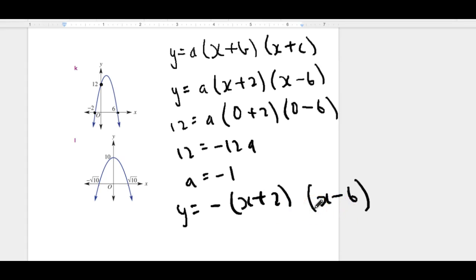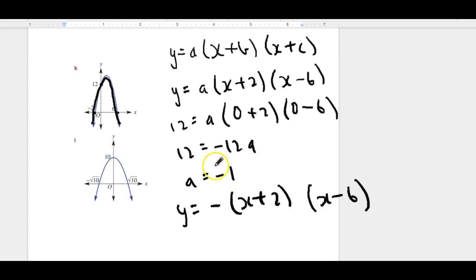One mistake, maybe one of many mistakes that people make, is they say, oh, this is a negative parabola, that means I should make my A negative here. But the problem with doing that is you're not going to get a negative here.